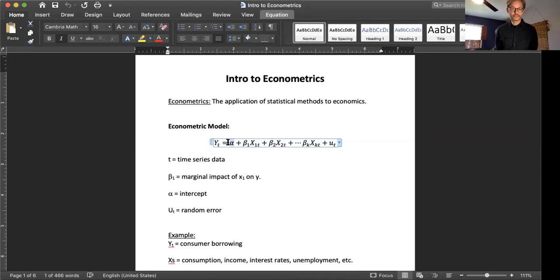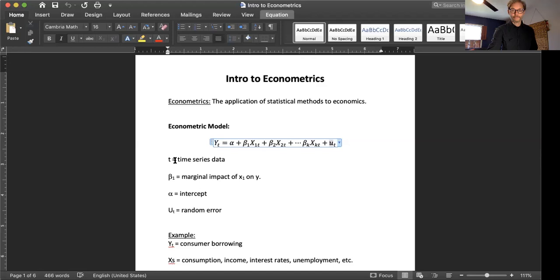This is just an additional fixed impact on Y. And then finally, we have U, which is the error, recognizing the fact that no model is going to be perfect. We're never going to be able to explain everything that goes on with our dependent variable, but we can explain some of it. And so this is how an econometric model is set up, where we have explanatory variables and our dependent variable, and we're saying that these explanatory variables cause changes in Y, our dependent variable.